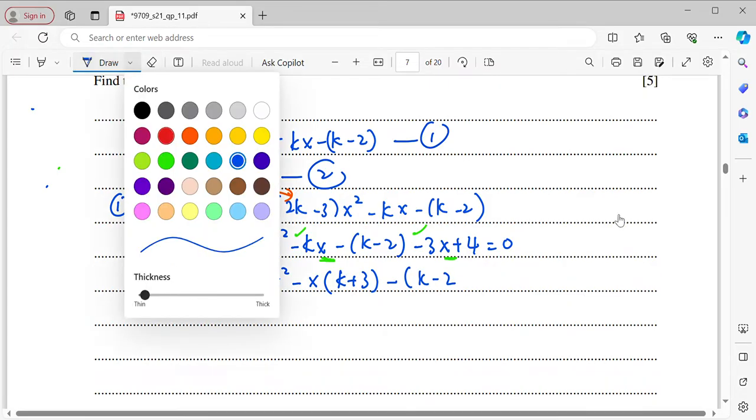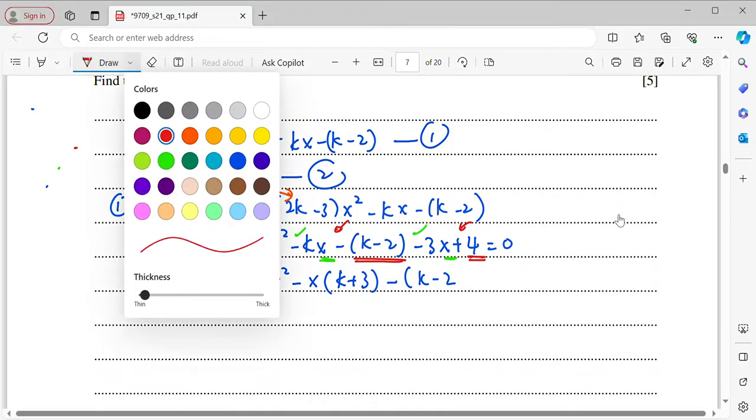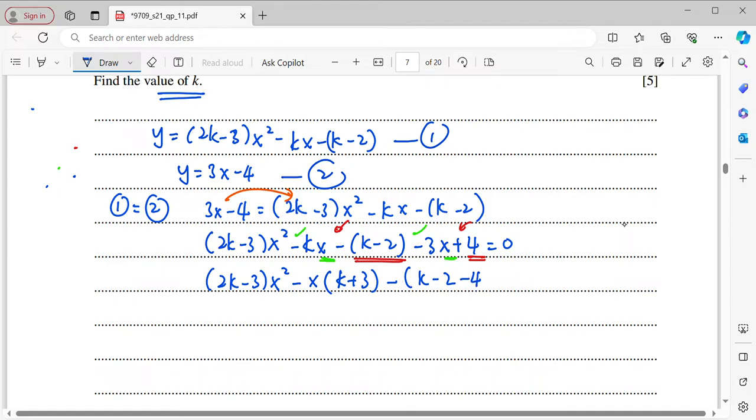Now, I will combine these two constants, but since there is a minus outside, when I factorize minus from plus 4, I will be getting minus 4. Now I simplify it first. 2k minus 3 times x squared minus k plus 3x minus k minus 2 minus 4 will be minus 6.